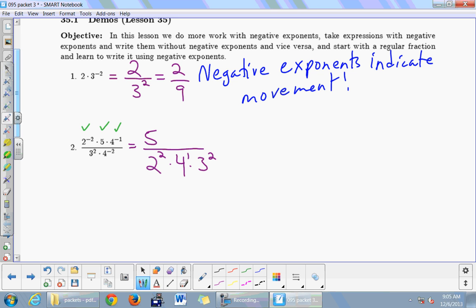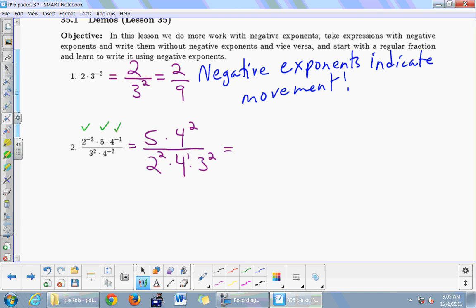The 3 squared is still on the bottom. The 4 moves or stays. Moves upstairs as a 4 to the positive 2. Again, that's the most important thing in my opinion for today. We are going to clean this up and just write it as one single fraction. But the important thing is this idea of motion.